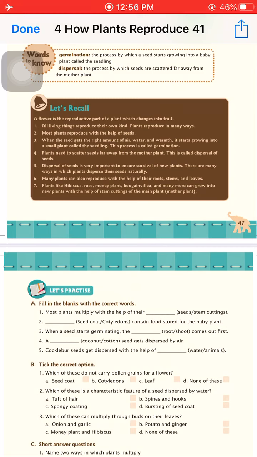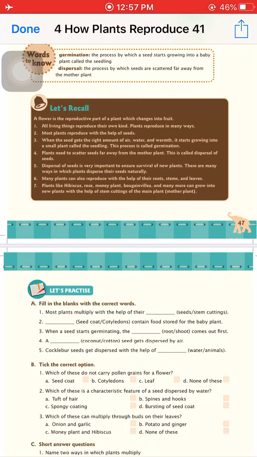Second: the seed coat contains food stored for the baby plant. Third: when a seed starts germinating, the first part that comes out is the root.